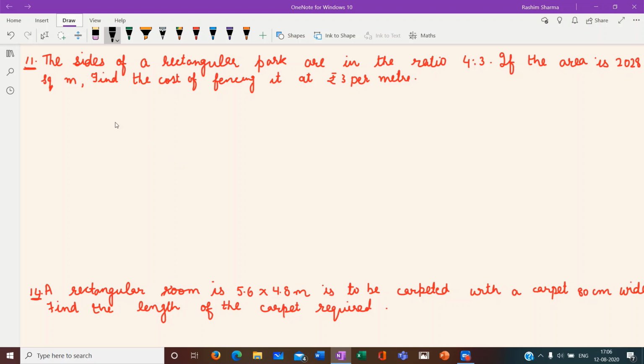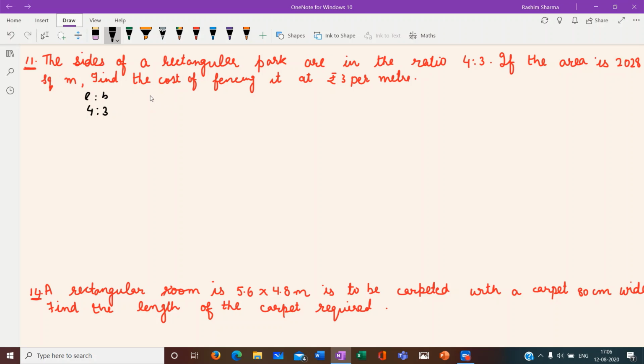Question number 11: the sides of a rectangular park are in the ratio 4:3. If the area is 2028 square meter, find the cost of fencing it at the rate of rupees 3 per meter. Now we are given the ratio of length to breadth. So the ratio of length to breadth is 4:3.